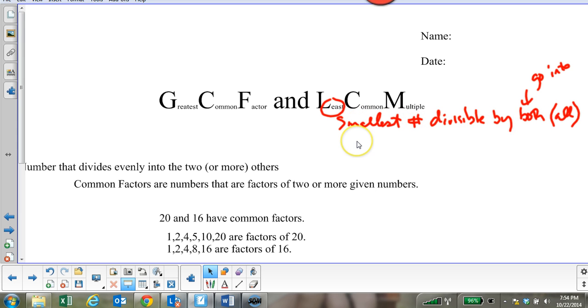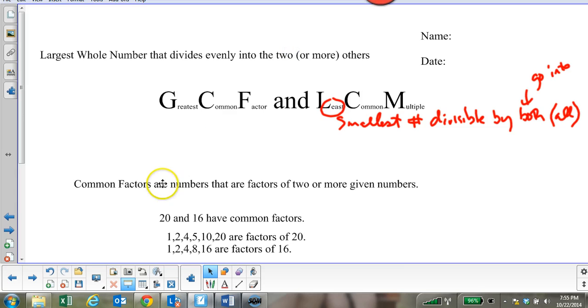So both of the numbers have to go into it. And the names themselves, sometimes students that don't have quite the grasp on it get them mixed up, because the greatest common factor is usually smaller than the numbers themselves, and the least common multiple is usually bigger than the numbers themselves. It could be equal to one of the numbers, as we'll talk about in a second.